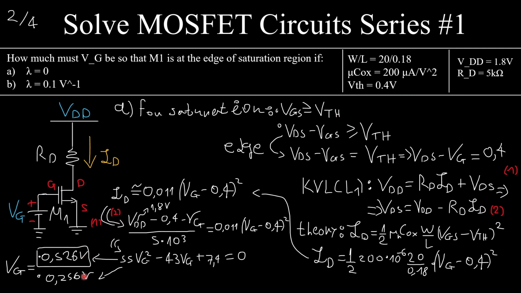Therefore, only this value will be accepted. Always, when we solve this type of equation, there is only one acceptable value for VG. Even with more complex configurations, only one value for VG is acceptable.